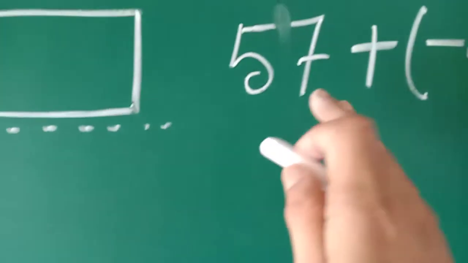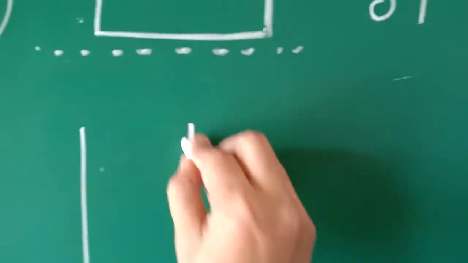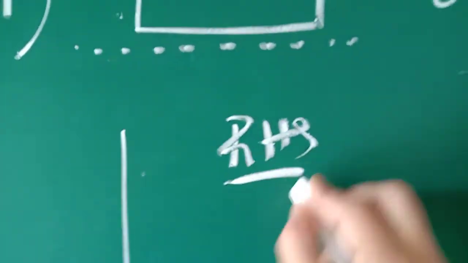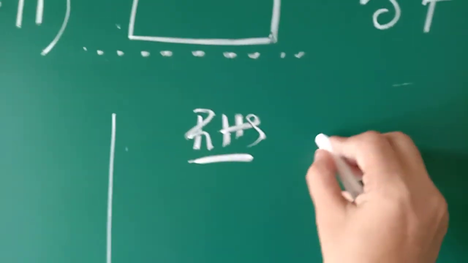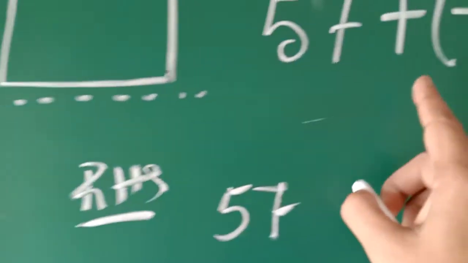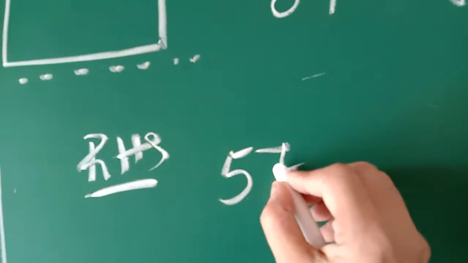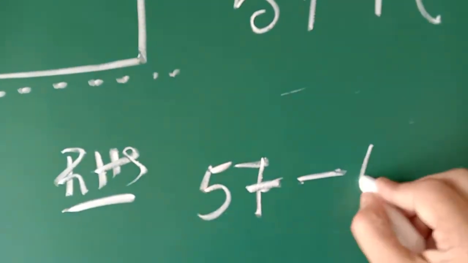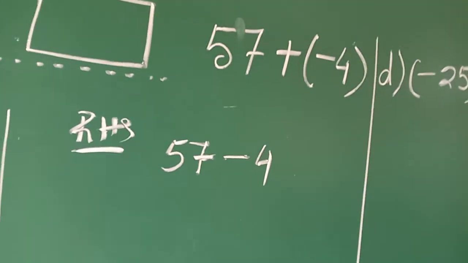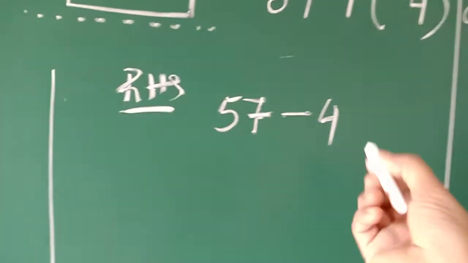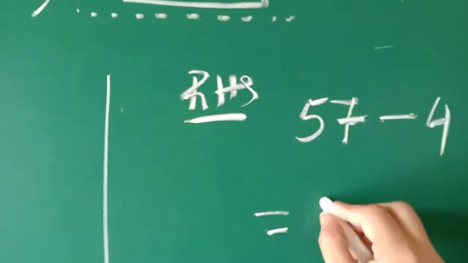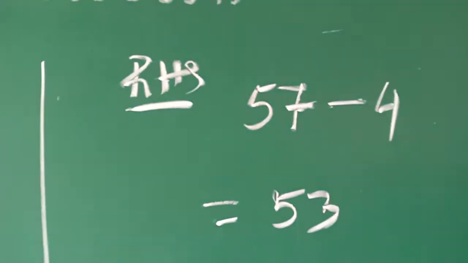Now the right hand side portion is 57, and you are adding minus 4 with 57. That means you are actually subtracting. So subtract, you are getting 53.